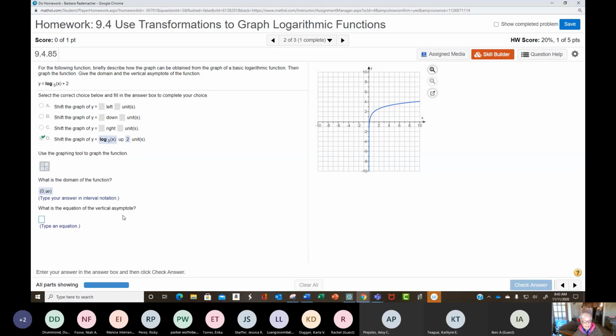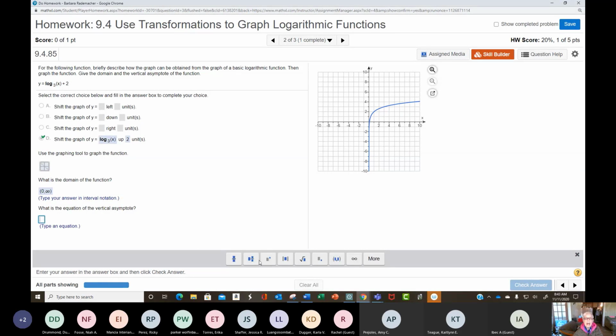Now, what is the equation of the vertical asymptote? X equals 0, because x does equal 0 all along the y-axis, and the y-axis is your vertical asymptote. So x equals, notice they didn't put the x equals there for you, so you have to do it. X equals 0.